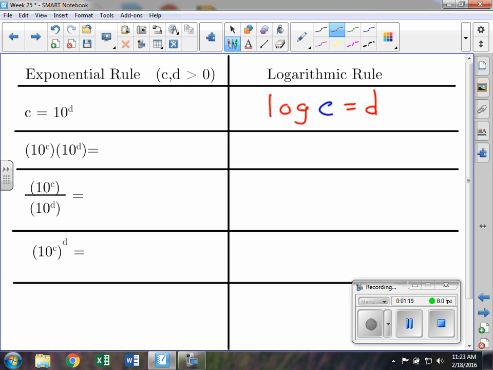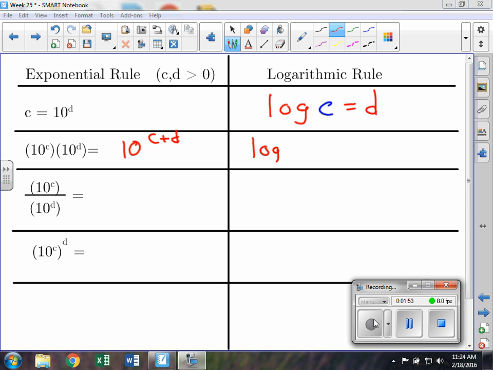Moving ahead to the second line. How do we handle the product on the left? 10 to the c multiplied by 10 to the d. Well, how do you handle when you multiply? Add the exponents. The logarithmic rule for this, remember, because logarithms are just a different way of stating the exact same thing, would look like this.